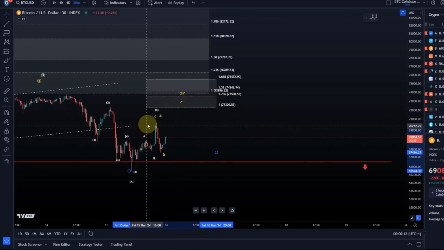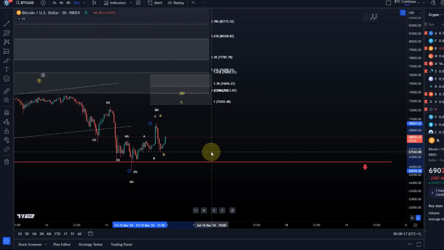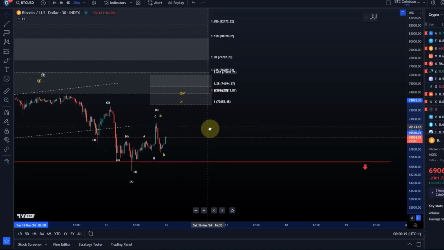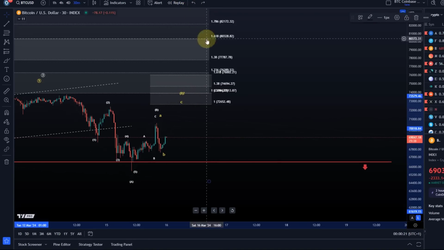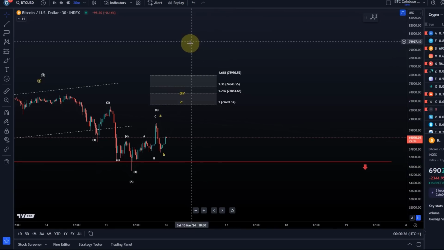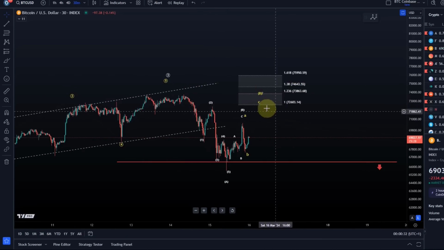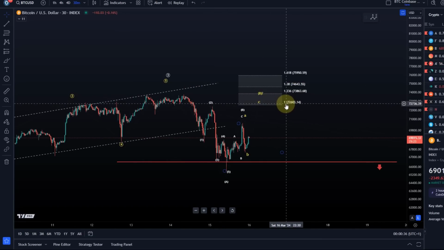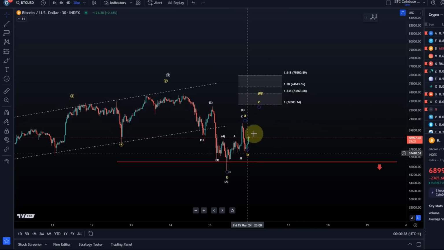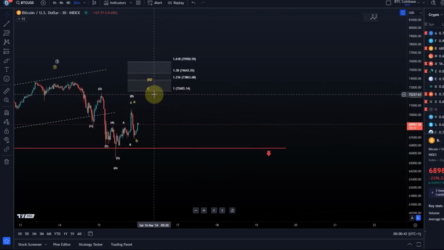So if we now form an extended B wave, the target range for wave C of B is here between 72,600 and now 75,950. Okay, whereas the 72,600 level is an ideal target because that's the 100% extension level. And then this is the area in which we can be watching for a reversal.